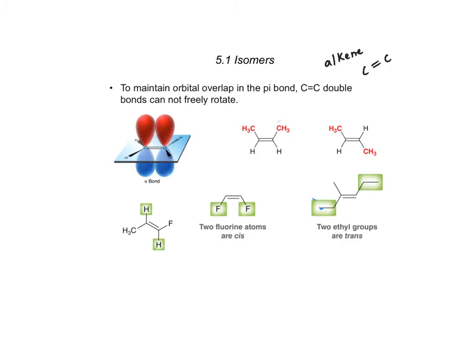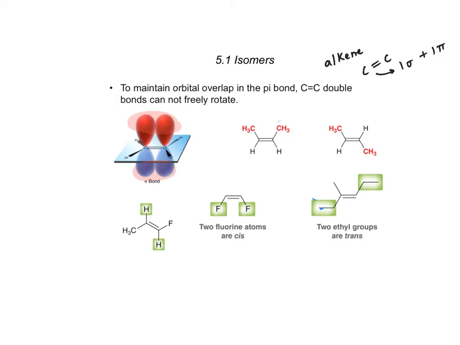So it's a similar situation, because remember, a double bond is the combination of what type of bond? We get one sigma, and we also get one pi, right? And with pi bonds, remember we get pi bonds because of this side-on orbital overlap, right? It's that overlap that forms the bond.